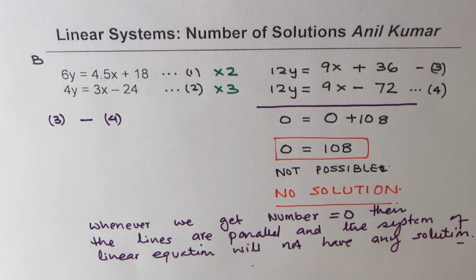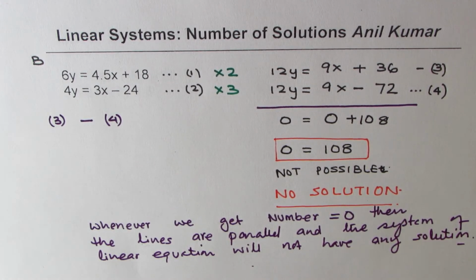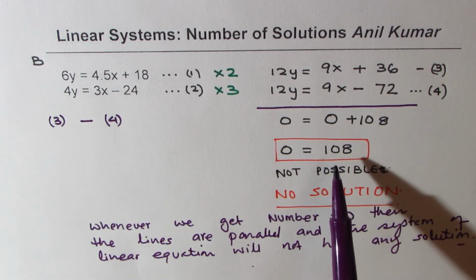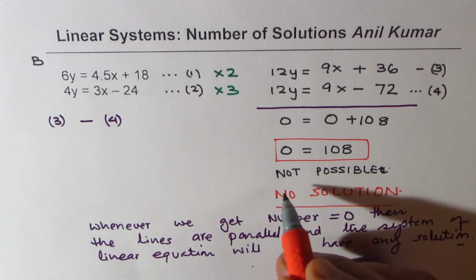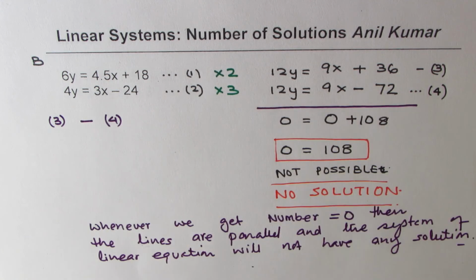Is that clear? This is very important from a communication point of view, right? There is some number and that number cannot be 0. Therefore, we have no solution.